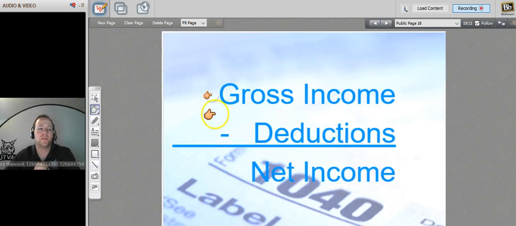So this is the equation here: gross income minus your deductions, or the taxes that are taken out. Sometimes employers can take out healthcare costs, that kind of stuff, before they give you your net income, and that's to help with taxes. Oh, and actually that's all I put on there. Sorry, I was in a rush.